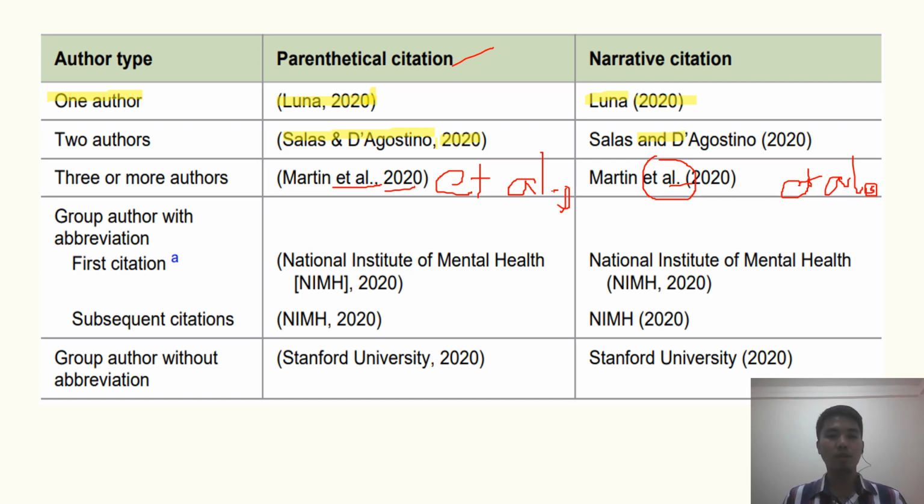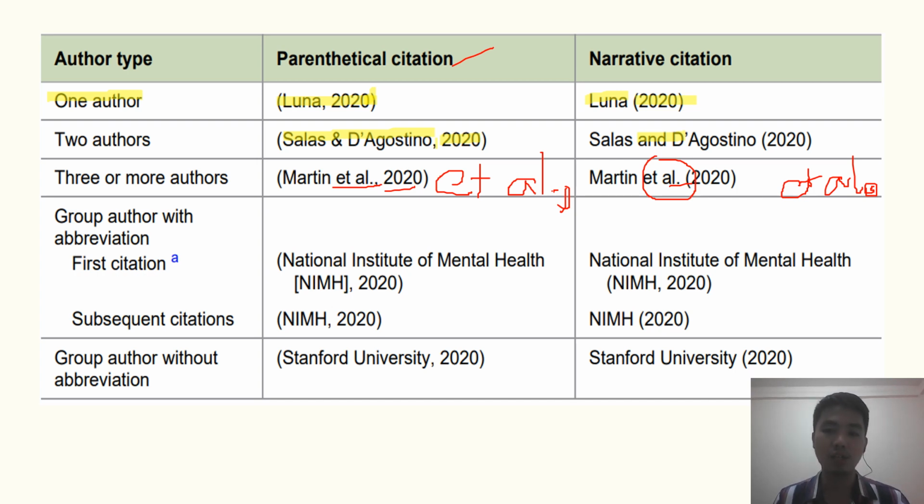Okay? So how about if you're citing a group author with accepted abbreviation? Take note, hindi lahat ng mga organizations or groups ay pwede nating i-abbreviate. So if we are not sure of the abbreviation, then better to spell out the complete name of the organization.